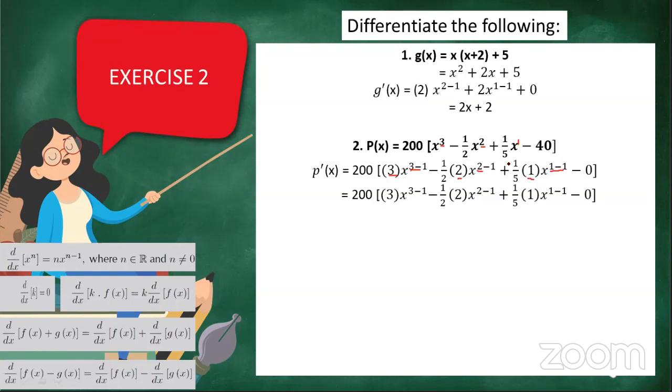Please don't forget this one. You're not given the exponent, it is 1. And the derivative of a constant or a number is 0. Okay, so the next step would be to simplify. But that's step two.